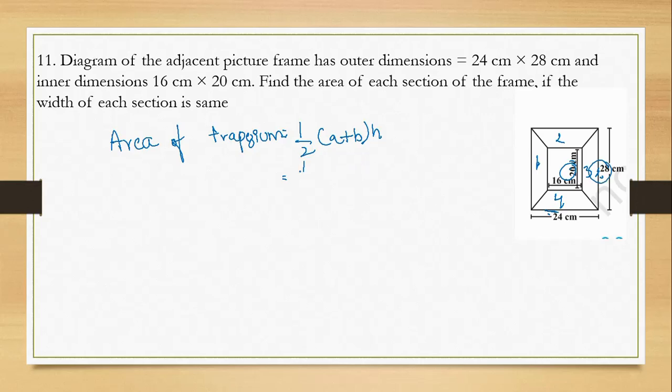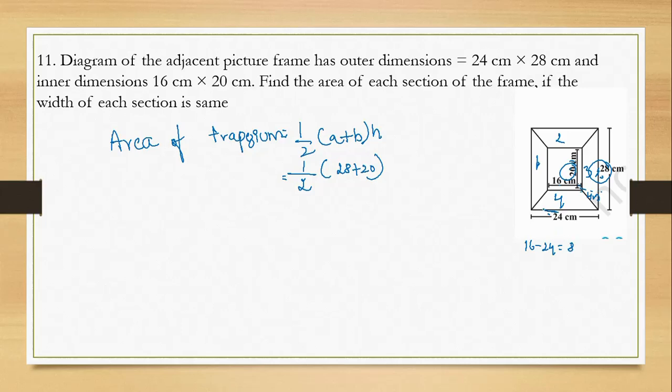So half of 28 plus 20 and its height is 4 centimeter because 24 minus 16 we get 8.